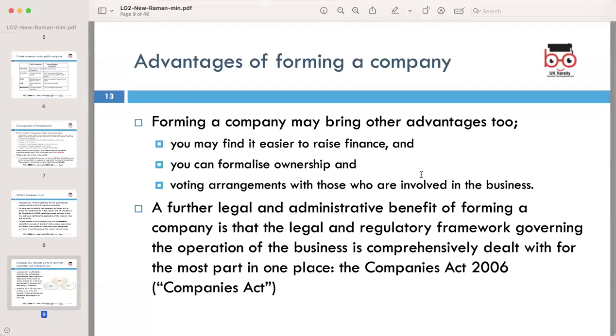From a legal and administrative perspective, forming a company provides the benefits of comprehensive governance under one umbrella, the Companies Act 2006.